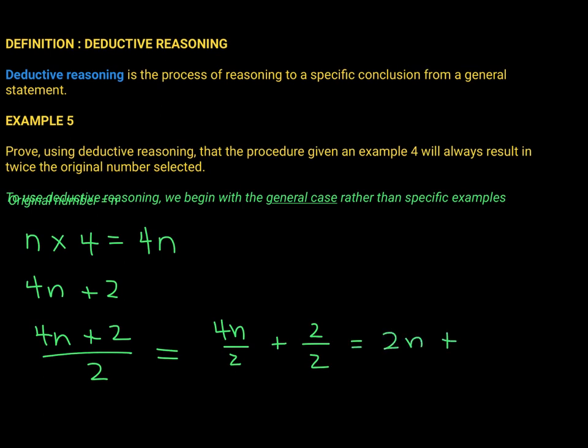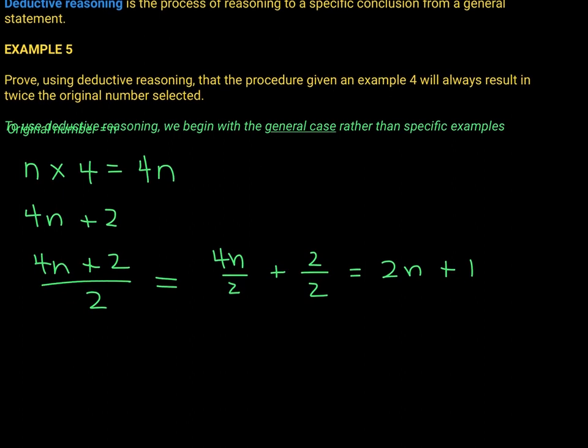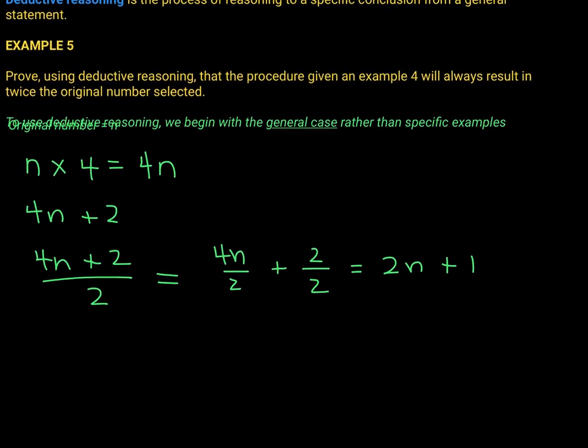2n plus 1. The next step in the procedure, I'm going to move the screen a little bit. The next step in the procedure is to subtract 1 from this quotient. So 2n plus 1 is the quotient, and I'm supposed to subtract 1. And the result is 2n. What is that? 2n is twice the original number.